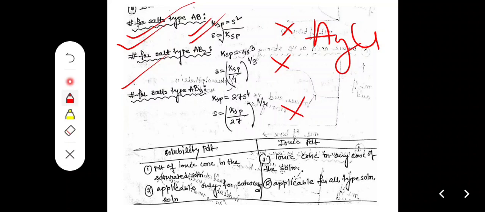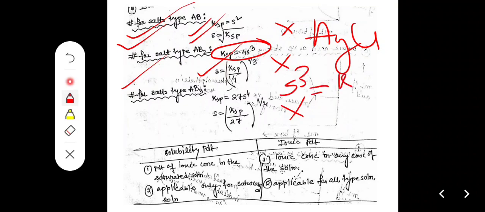For salt type AB2, that means a 1:2 ratio of cation and anions, Ksp equals 4S cube. So S equals Ksp by 4, whole to the power 1 by 3. As we know Ksp equals 4S cube, so S cube equals what?